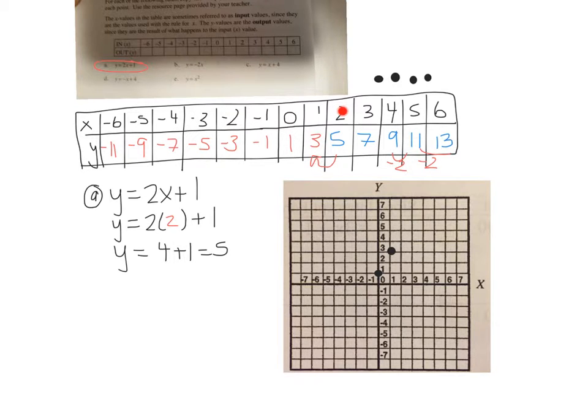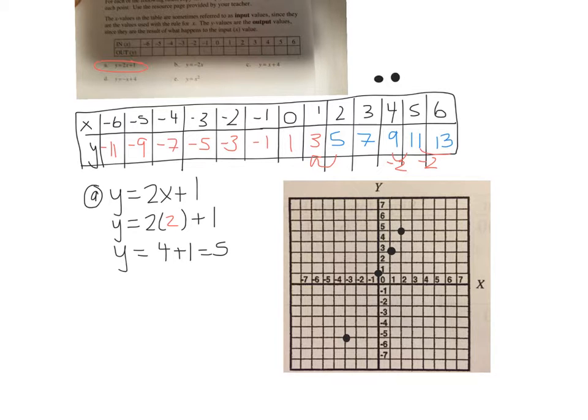How about 2 for x and 5 for y? Why don't we do one of these negative ones? How about -3 for x and -5 for y? So -3 and then down to -5.